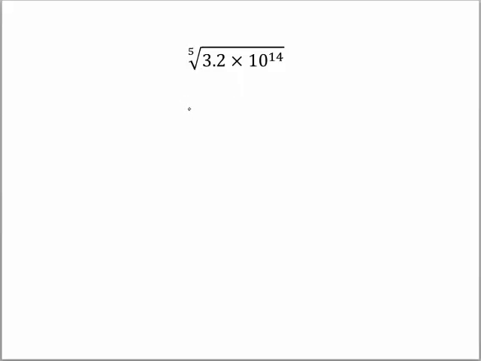So first of all, we need to change this, because we don't want to work with 3.2. What we want to really work with is 32. And when we increase the number, we decrease the exponent, so we have to take that to 10 times 13.